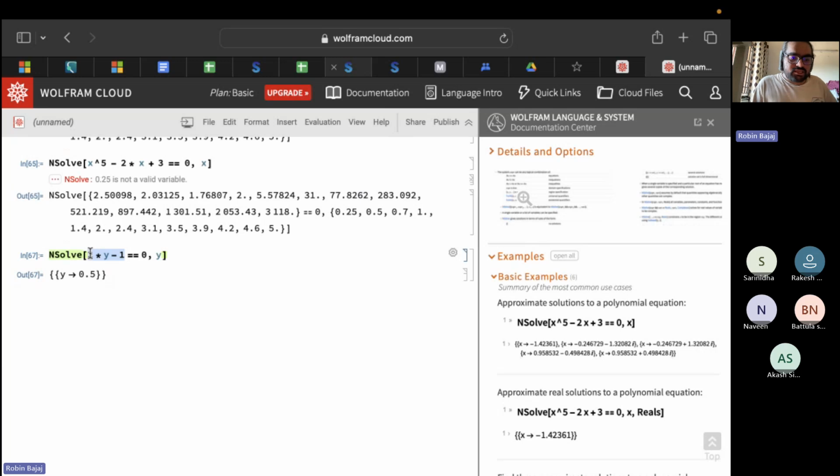So let's say you put a random equation: x to the power 5 plus 3x to the power 4 minus 2x to the power 3 plus 10x to the power 2 minus x plus 3.